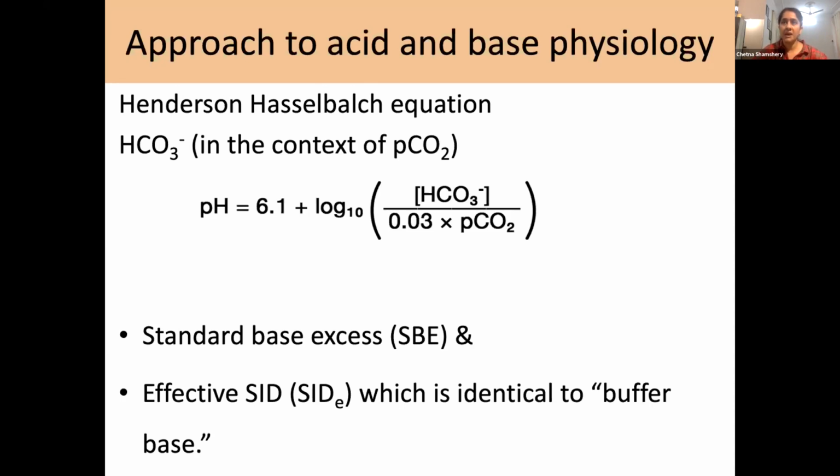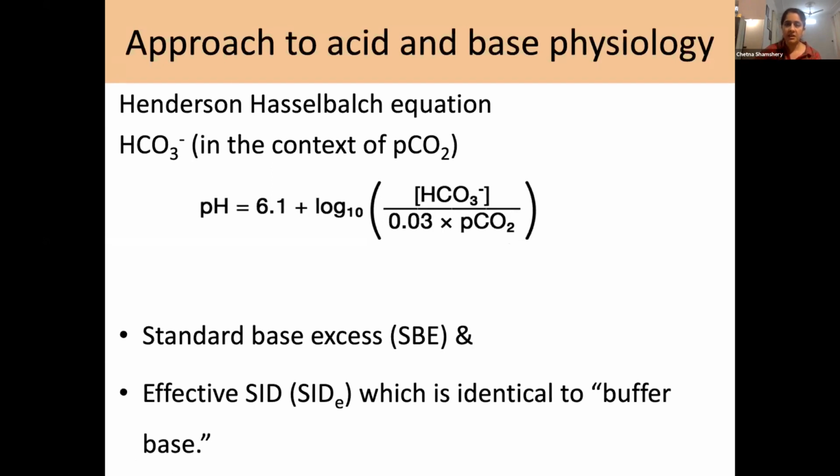Overall, the balance between these two is usually depicted by the pH of the body. The most common equation that is used is the Henderson-Hasselbalch equation, in which we try to determine the pH. pH is 6.1, we'll come to know what this 6.1 is, plus logarithm base of bicarb with respect to carbon dioxide.